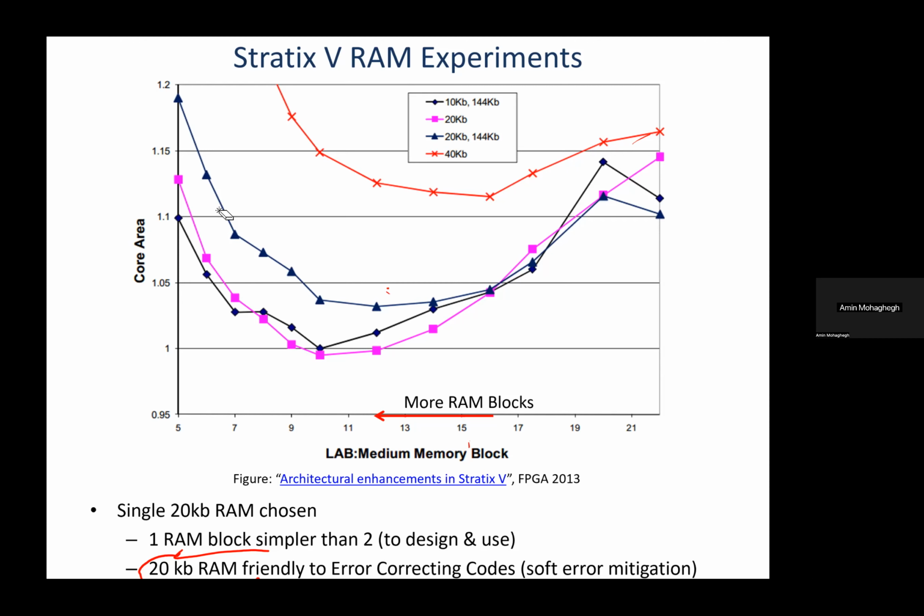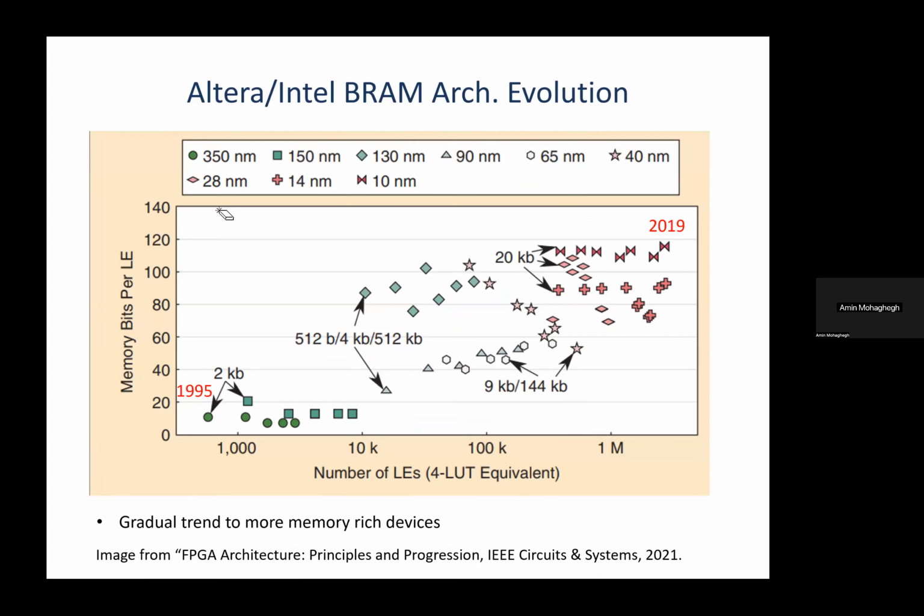Okay, so this is a busy plot from the Principles and Practice survey paper. It shows for Intel what has been the evolution of their block RAM architecture. The Xilinx trend is similar but somewhat different. So they make different choices, but there's a few interesting things here. You start off with relatively small block RAMs, like 2 kilobits.